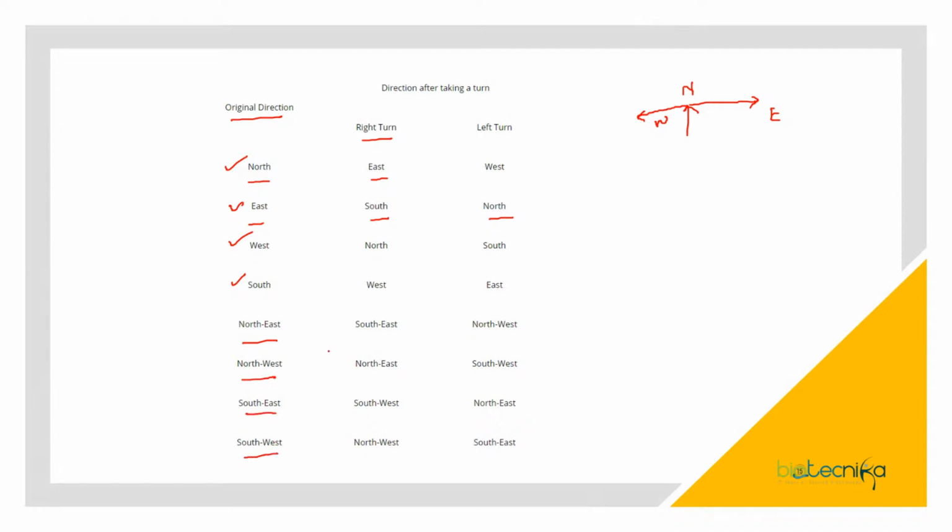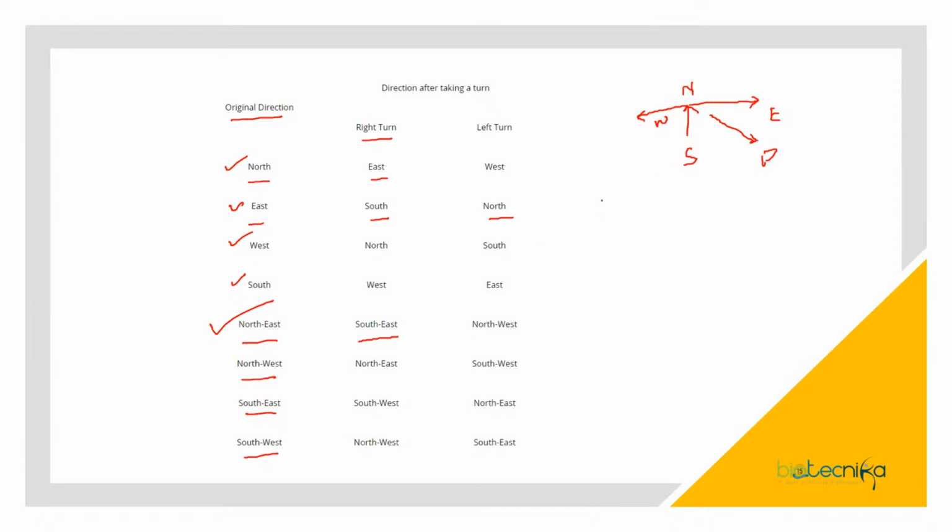Okay, so if I consider northeast, what will be the northeast? That means this part. Suppose a person, let's say P, is standing in the northeast direction and wants to take a right turn. Then in the northeast direction the right turn will be in the southeast direction. That means this is my south, so it will be in the southeast direction.